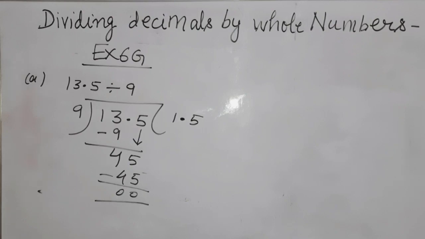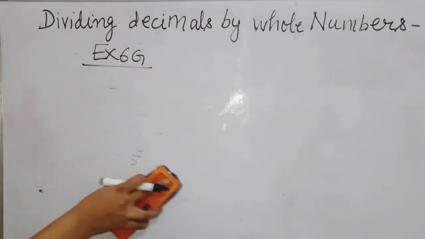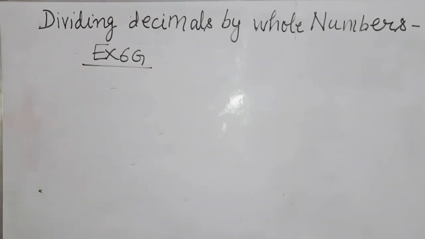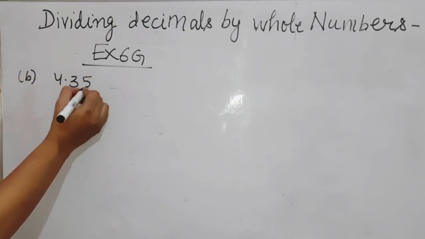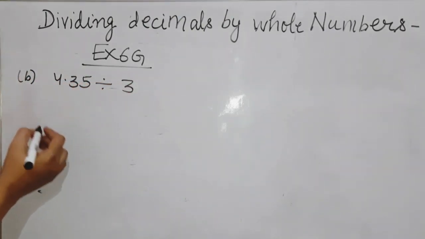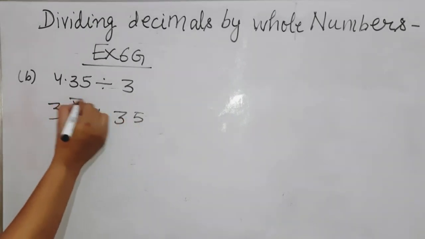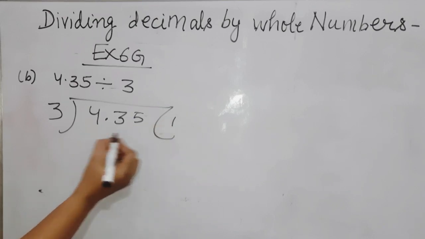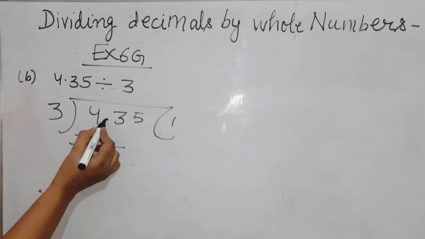Now the next one is 4.35 divided by 3. Let me rub this for you. 4.35 divided by 3. So you are going to follow the same standard method of division. 3 ones are 3. 1 remainder is left, but after 4 there is a decimal point.